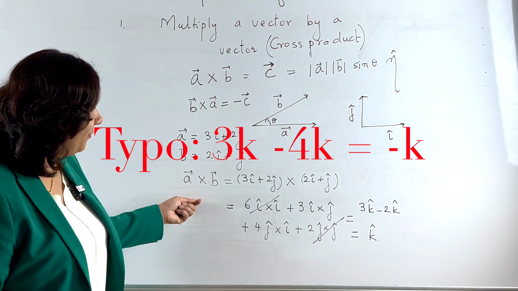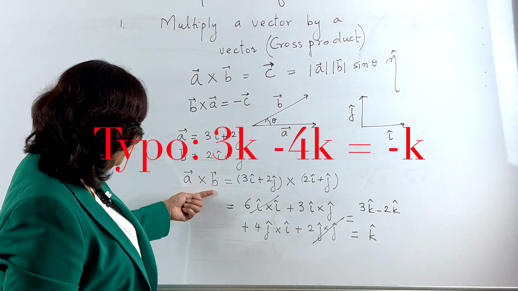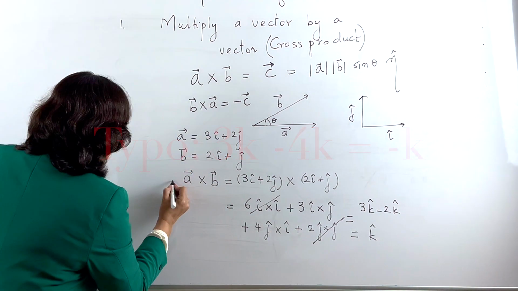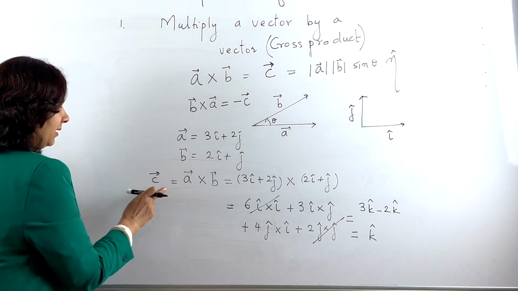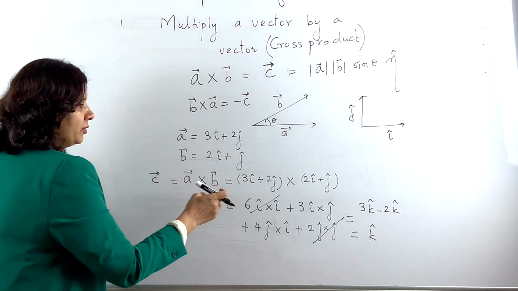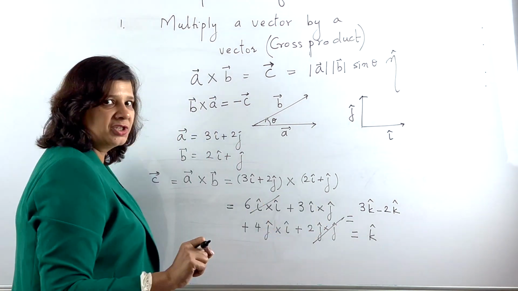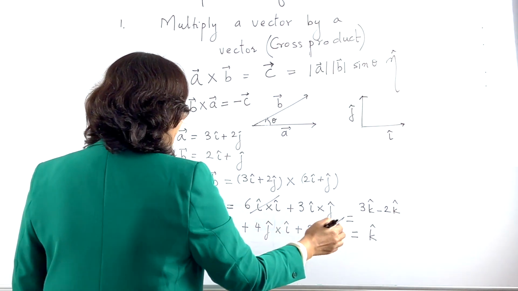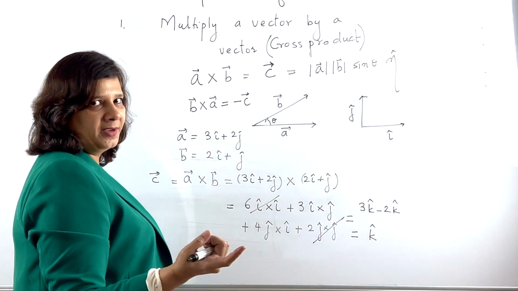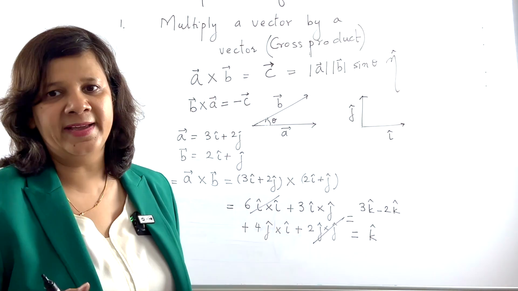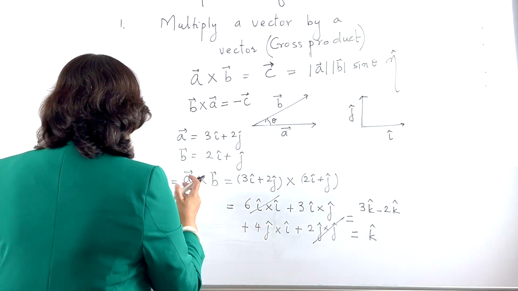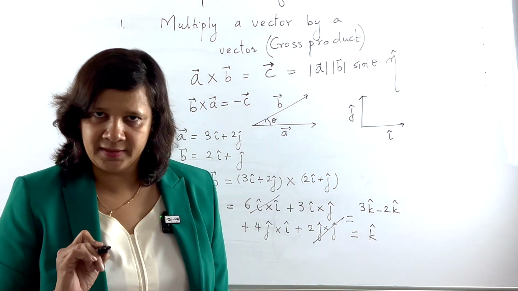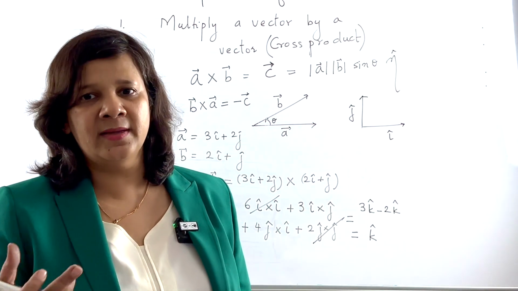So when we have calculated A cross B, if this is equal to vector C, this is another vector C whose magnitude is 1 and direction is given by k hat, a unit vector pointing in the z direction, which is perpendicular to both x and y. Okay. So this is how we can calculate the cross product of two vectors, and as a result we get another vector.